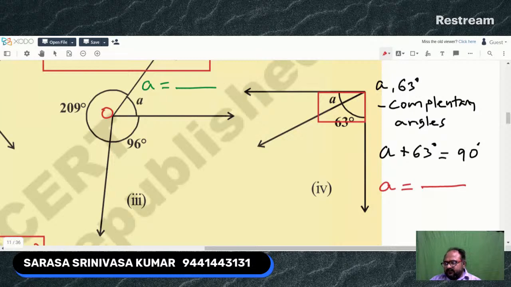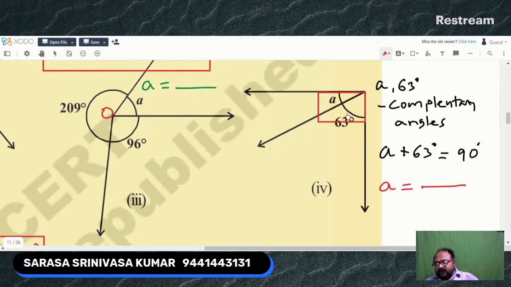Students should practice how to give the reasoning. How can you say that the sum of these two angles is equal to 90 degrees? Here I actually compared by drawing a rectangle, so that you can understand that the two angles are complementary angles. Angle A and 63 degrees form 90 degrees.